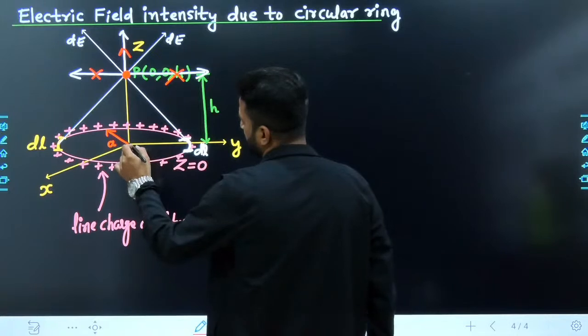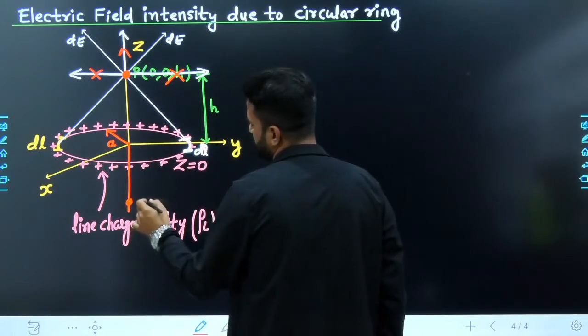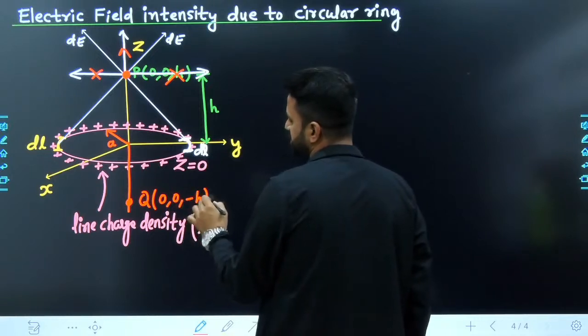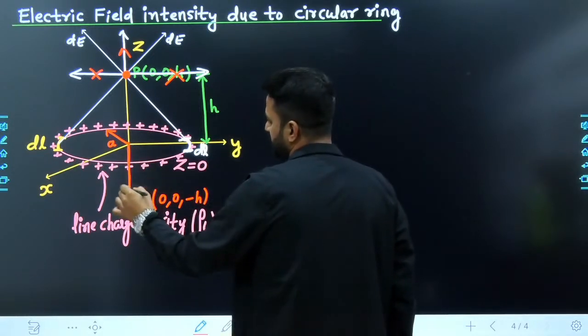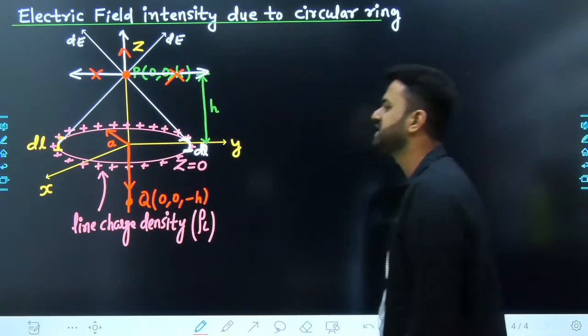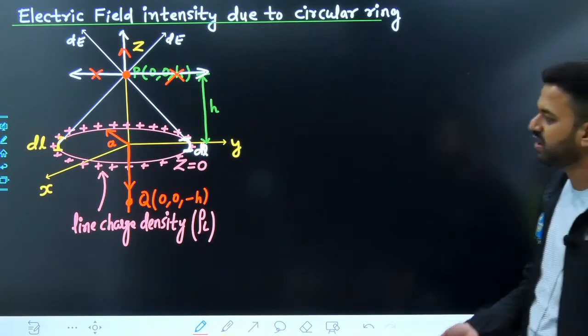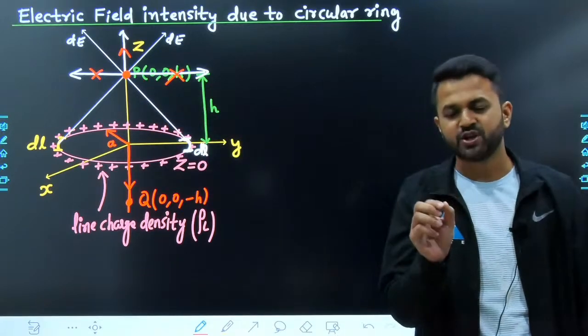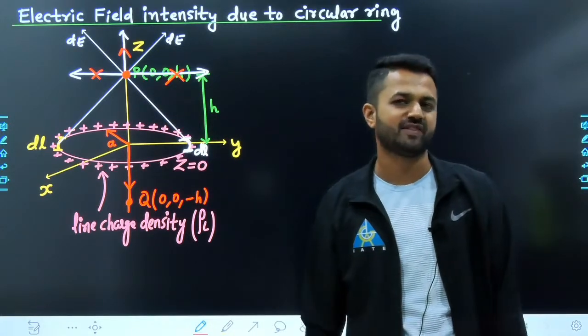And if your point of interest is somewhere here, suppose at Q, which is 0, 0, minus h, the direction of the electric field will be negative z, because now you are moving in the negative direction. Your point of interest should always be your final point.